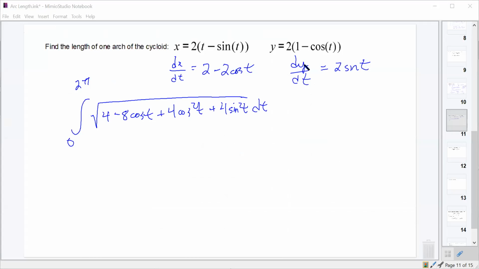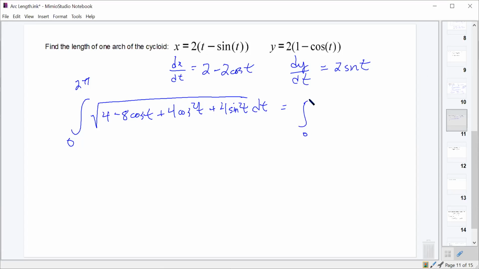Okay. All right. So how are we going to simplify down that radical expression right there? We can pull out, in fact, we'll pull out more than a 4 here in a second. Before we pull out anything, what about this 4 cosine squared t plus the 4 sine squared t? That's just 4, isn't it?